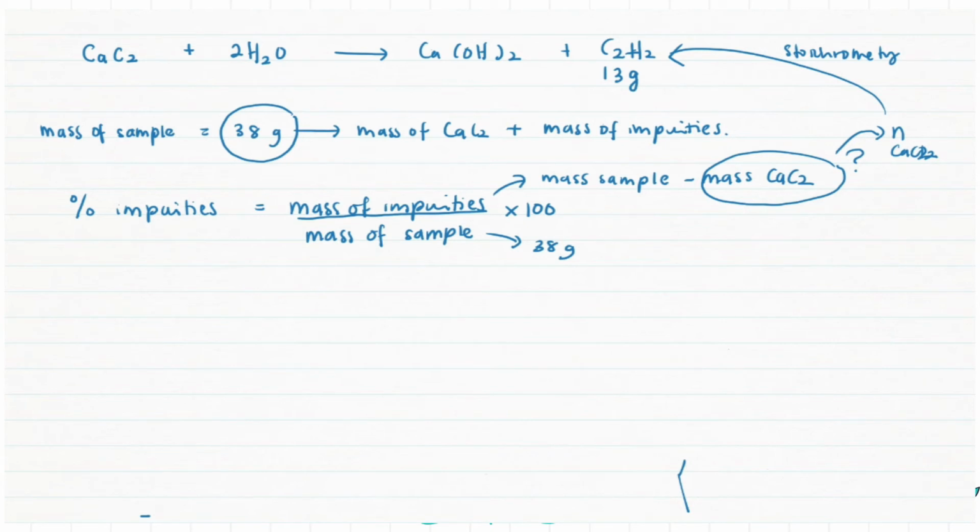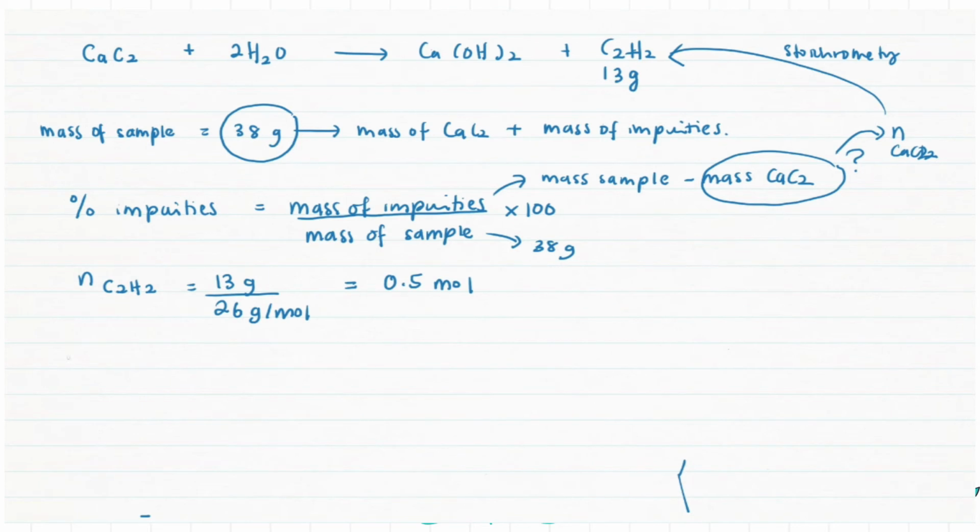So first you need the mole of C2H2. Given 13 gram, divided by its molar mass, 24 plus 2, 26 gram per mole, you will get the mole of C2H2 is 0.5 mole.